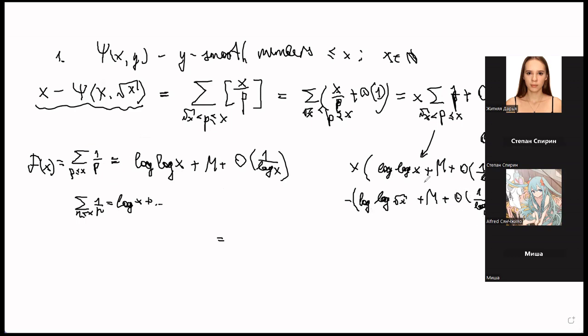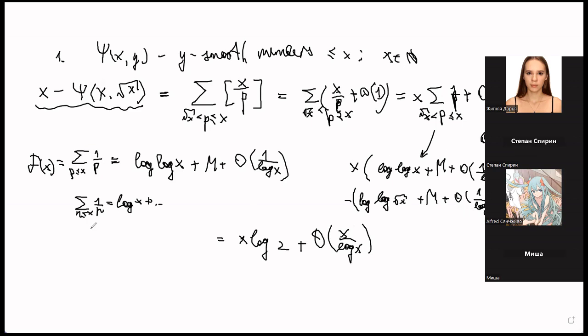What is this constant? We need the difference of logarithms. Logarithm of square root of x is one half of logarithm x, so multiplying by 2 we get logarithm 2, plus big O of x over log x from these terms.